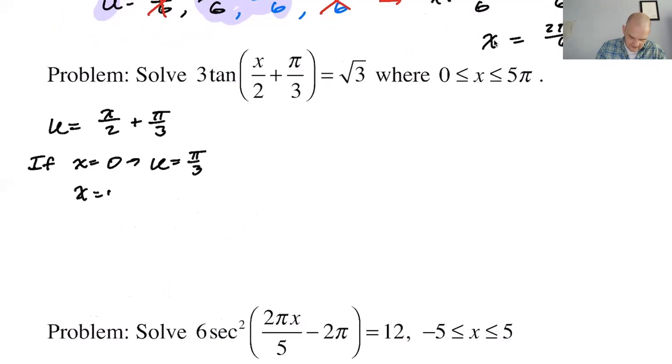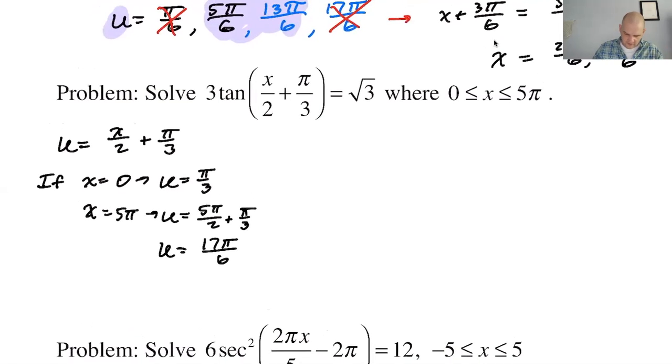And if x is 5 pi, then U will be 5 pi over 2 plus pi over 3, which is 17 pi over 6. All right, so then our problem becomes the tangent of U is radical 3 over 3.